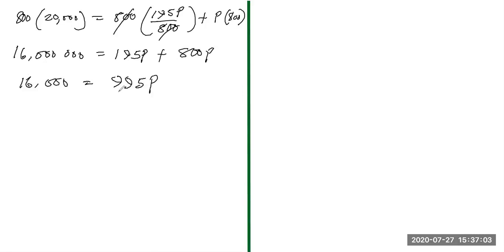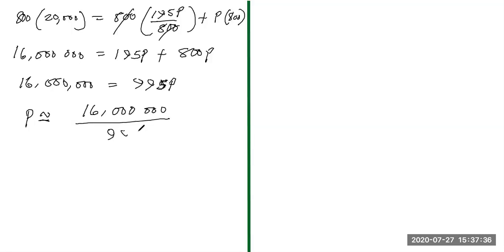When we add together, we have 16 million equals 995p. Dividing both sides by 995, we say our p is approximately equal to, since they say to the nearest whole number, 16 million divided by 995.